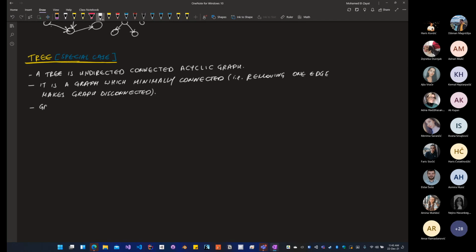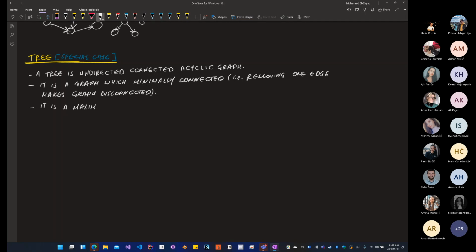So it is a graph. Let me just reform my sentences correctly.